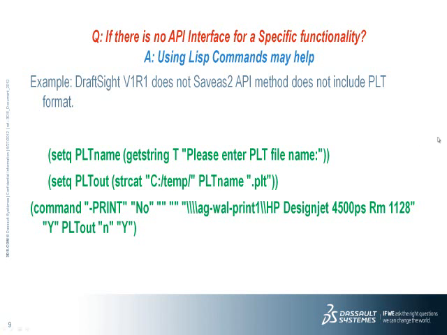The next topic is information provided to you directly from us, from the tech support, and it represents the services that we can provide as DraftSight tech support for you as developers. For example, what happens if you go through the API help and you don't find a specific API for your needs?